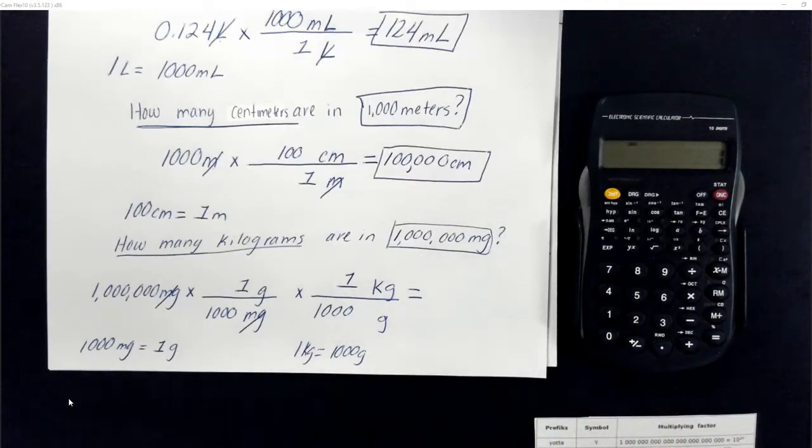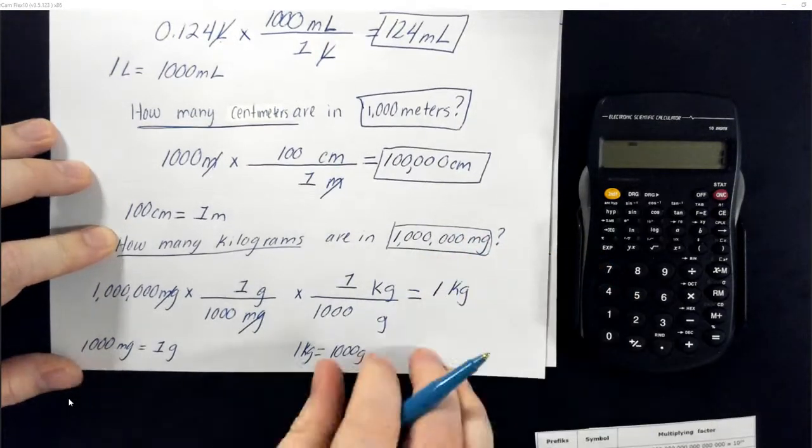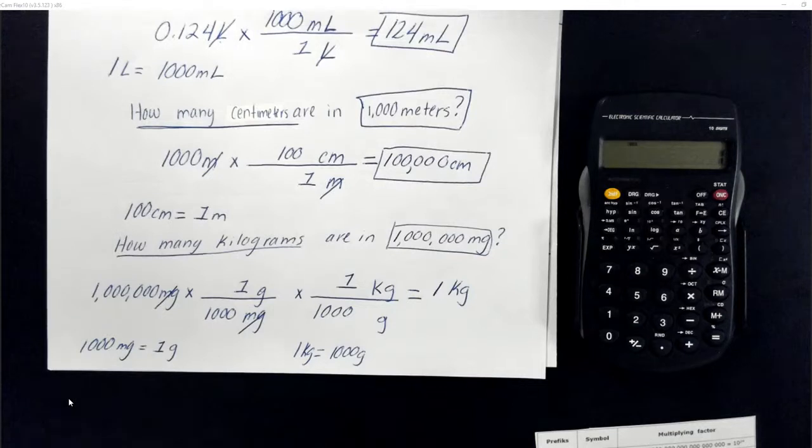That is equal to 1 kilogram. So in other words, in 1 kilogram, there are 1 million milligrams.